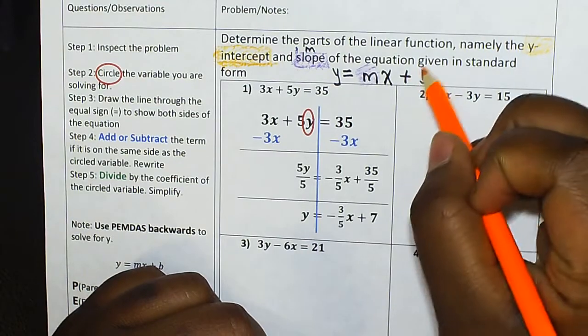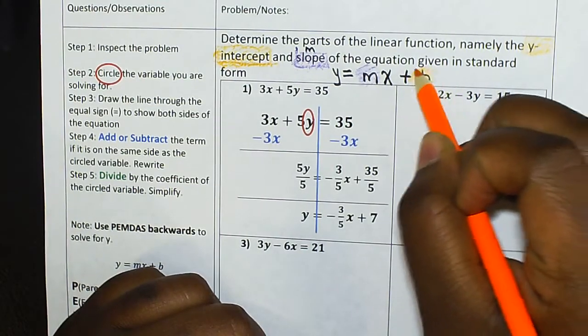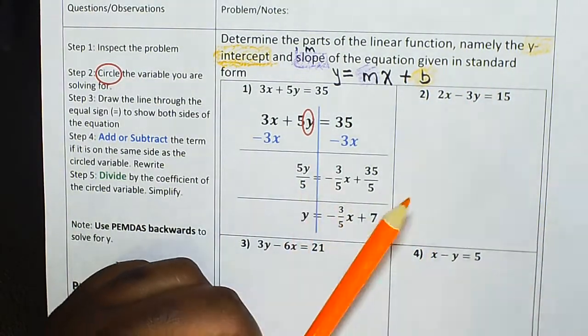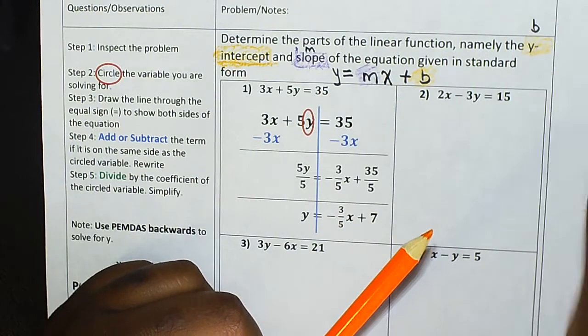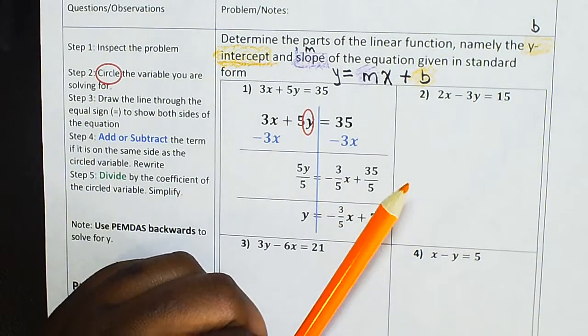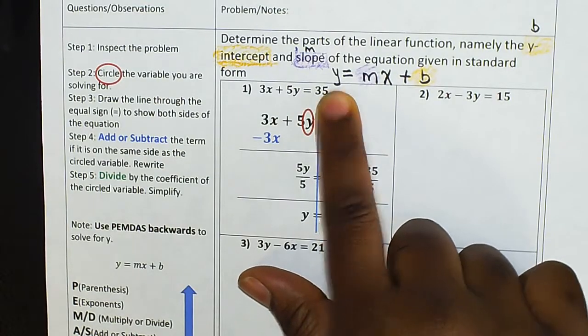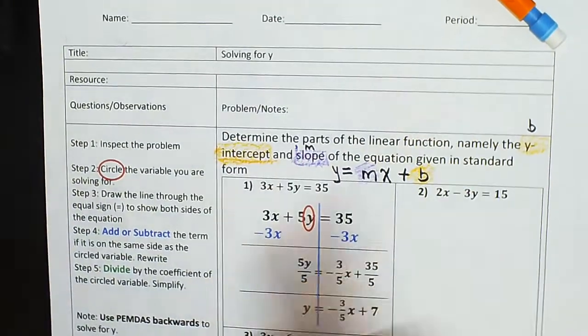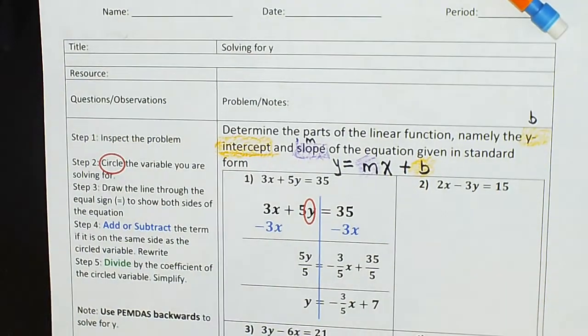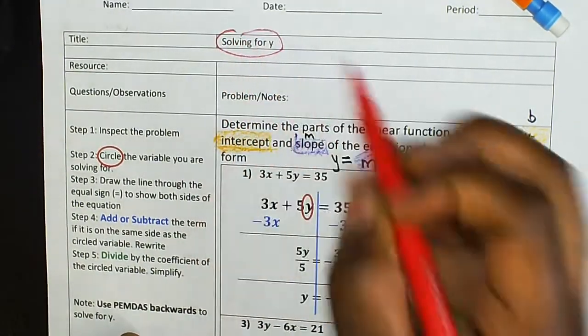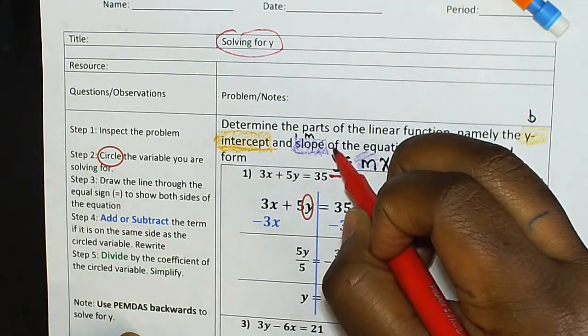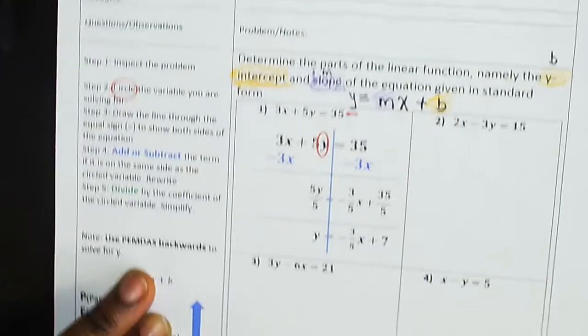And the number for b is the y-intercept. So I'm going to write b on top of that. So to do that, we're going to have to do something called solve for y. All right, so that's where the term solve for y comes from. We need to get y by itself on this side of the equal sign.